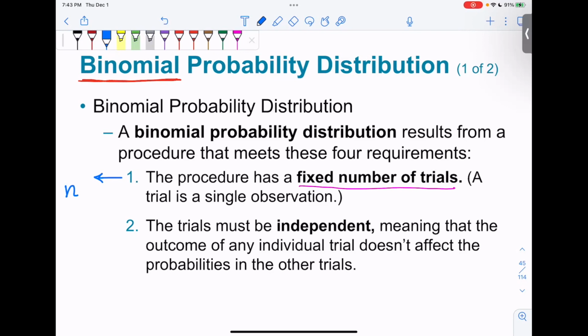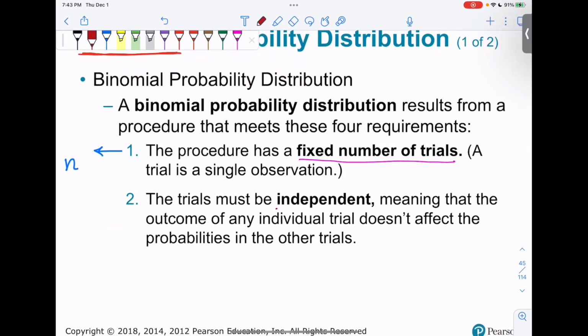So this is not fixed. But if I flip a coin 10 times, how many times will I get heads? 0, 1, 2, maybe 10, right? So this is the first one: a fixed number of trials.